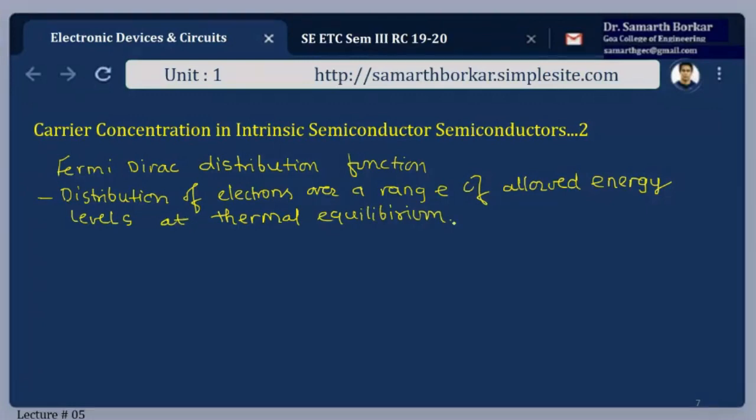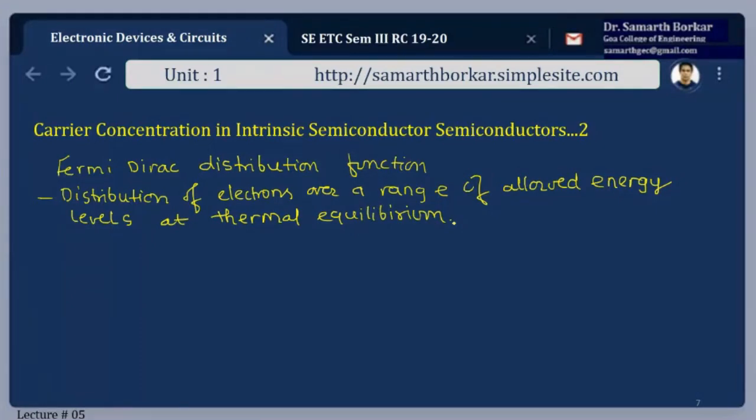So in simple words, we have this conduction band and valence band. These bands are made up of discrete energy levels. Then this Fermi-Dirac distribution is going to tell us whether these energy levels are occupied or not.